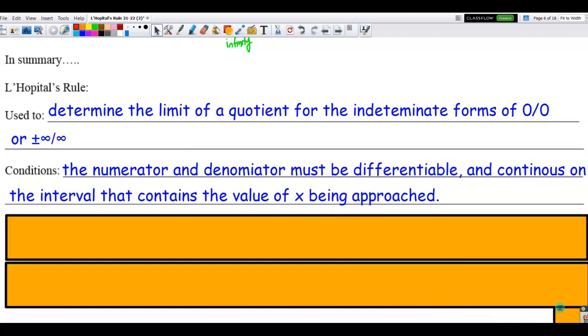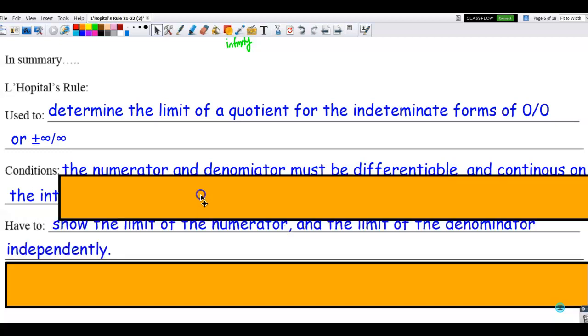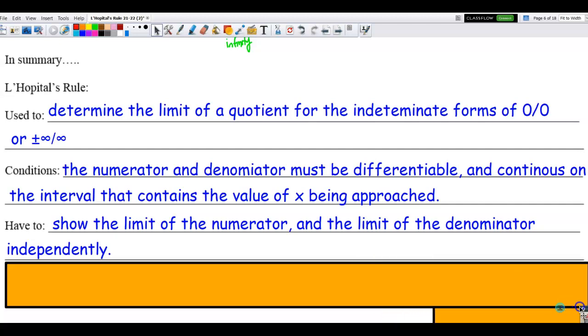What conditions have to be in place? The numerator and the denominator must both be differentiable and continuous on the interval that contains the value of x being approached. What do you have to show? You have to show the limit of the numerator and the limit of the denominator independently.